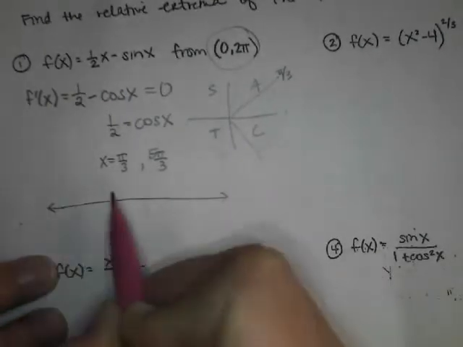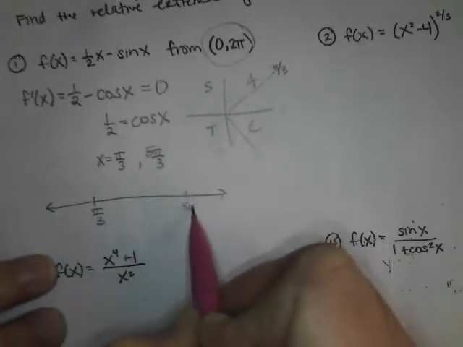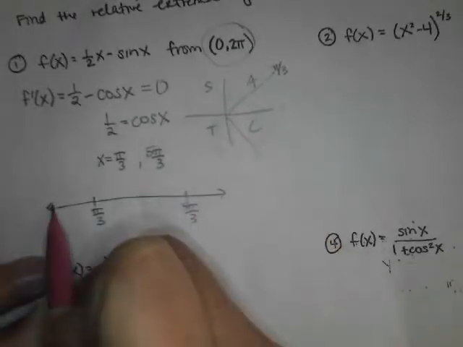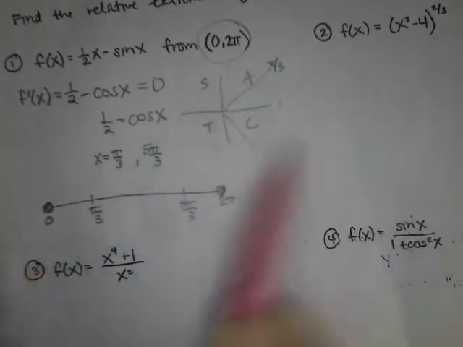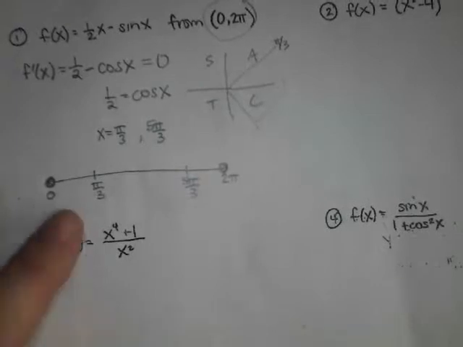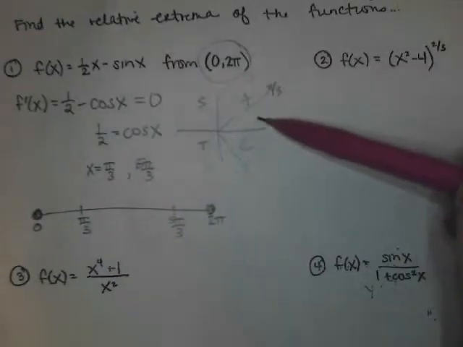Keeping in mind that we cannot go past a 0 and we cannot go past a 2 pi. So when I'm picking something less than pi over 3, make sure it's still greater than 0. So give me an angle that's less than pi over 3 but still greater than 0. Pi over 6. Pi over 6 can work.